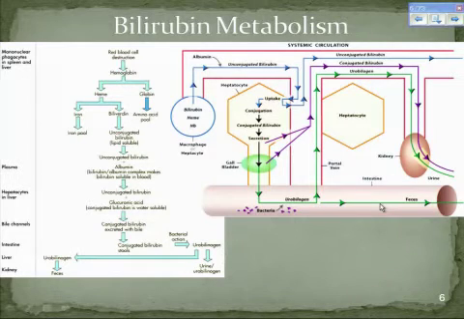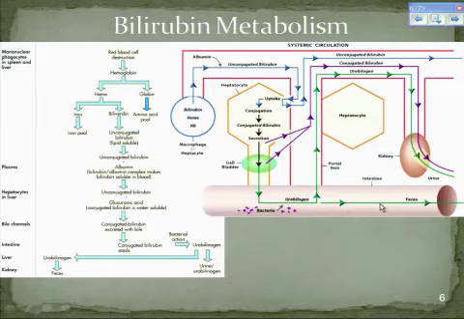usually the unconjugated bilirubin is lipid soluble. Okay? So the kidney is going to have almost an impossible time getting rid of it, right? If it's lipid soluble, it goes through the liver, filters easily, but gets reabsorbed very rapidly. So you really have to make it a water-soluble compound. But the unconjugated, which is very important for you to know, unconjugated bilirubin means it hasn't been converted into a water-soluble compound.